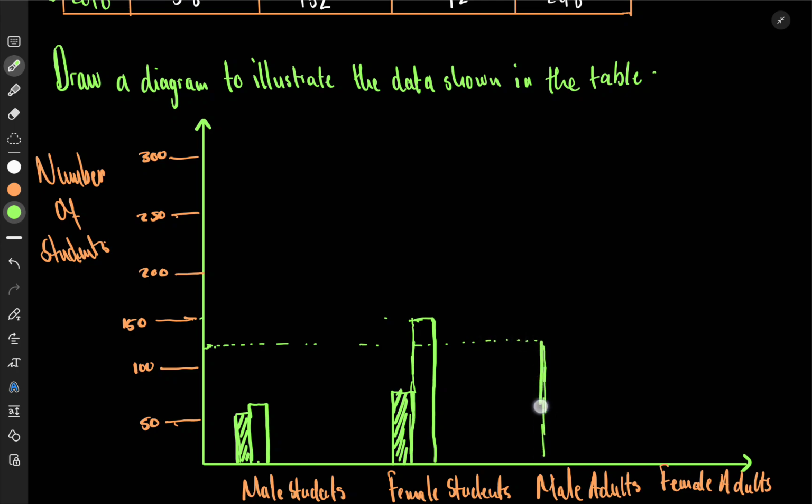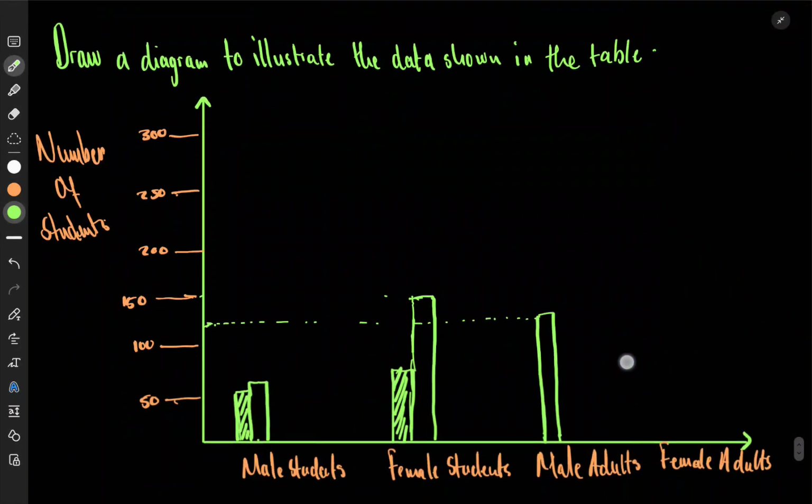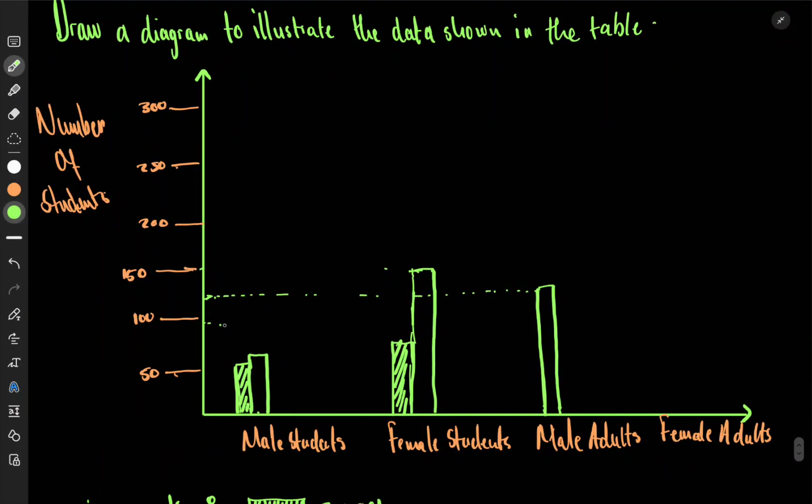So it's going to be somewhere here. Great. And then the next year was 92. So just below 100, like that. Just below 100. Like this is going to be the other one.